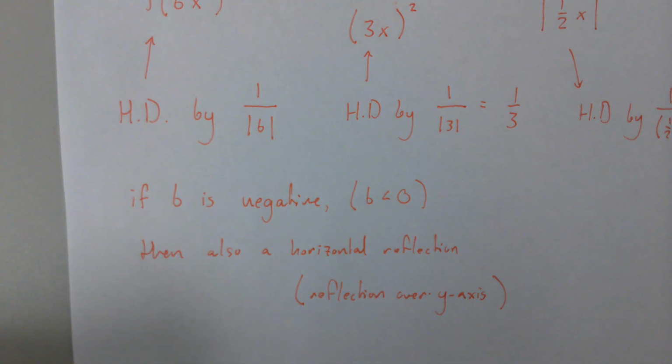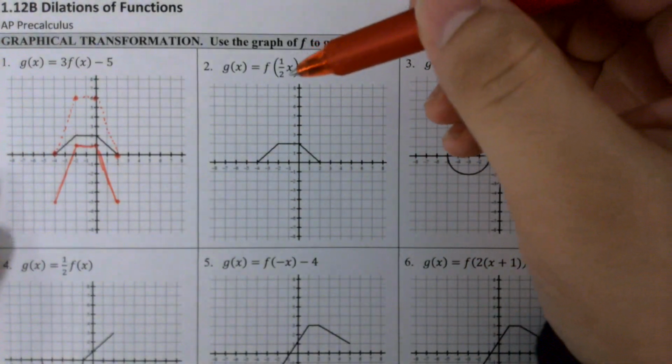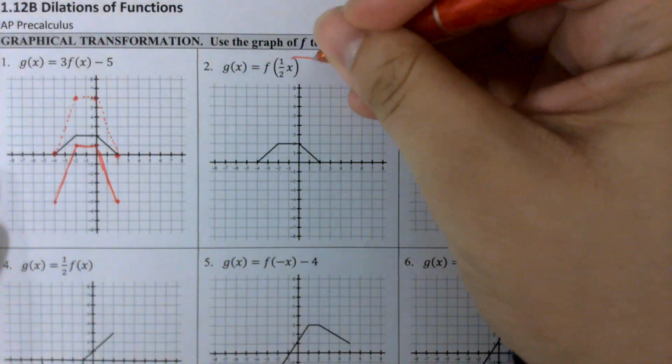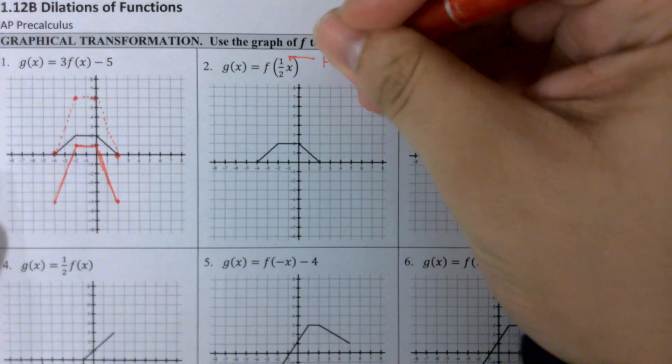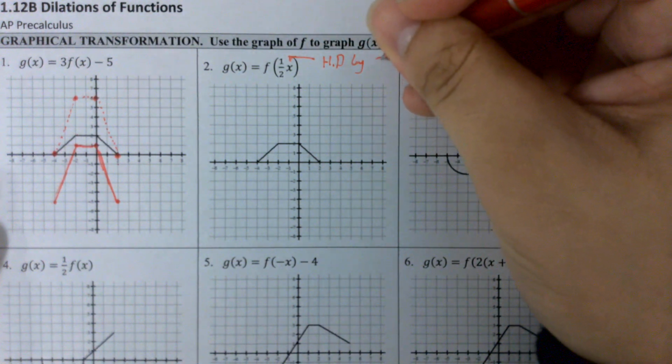So, now that we know that, let's look back at number 2. So for number 2, we now have this f of 1/2 x. This right here is our horizontal dilation by 2.